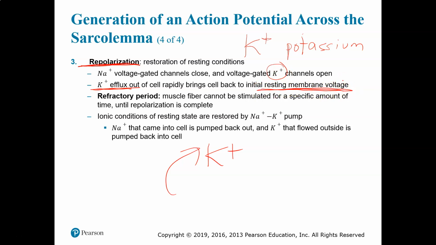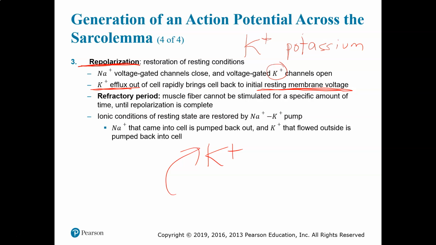So it's going to go from -70 to -55, and that's going to be threshold. And once threshold is reached, a lot of sodium is going to come in, and that's going to cause the potential to become even more positive, I think up to positive 30.